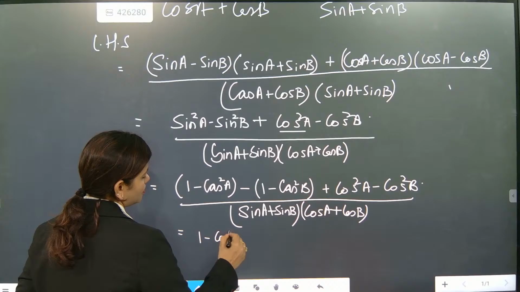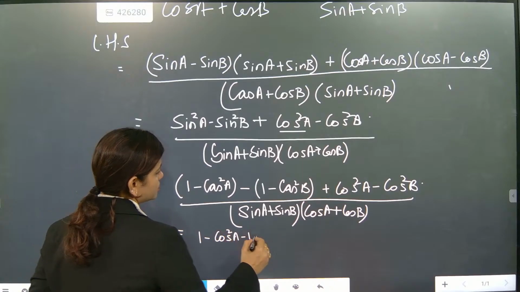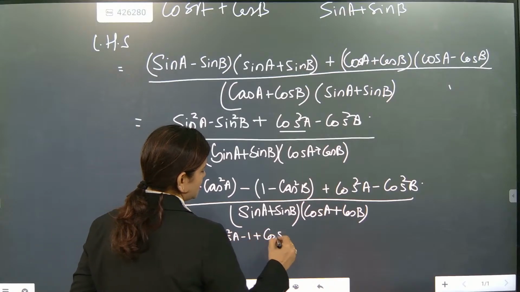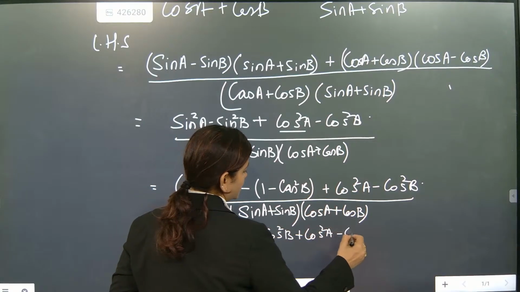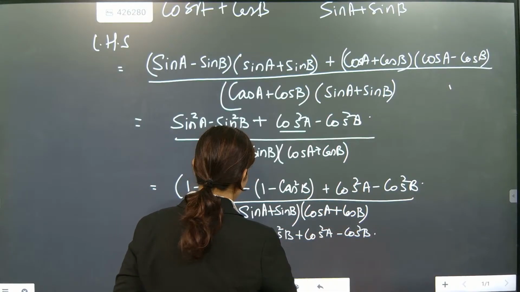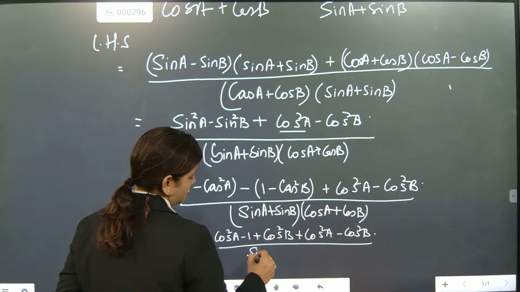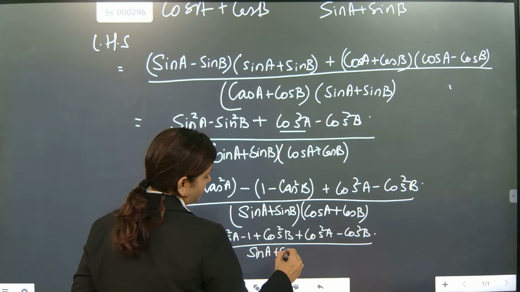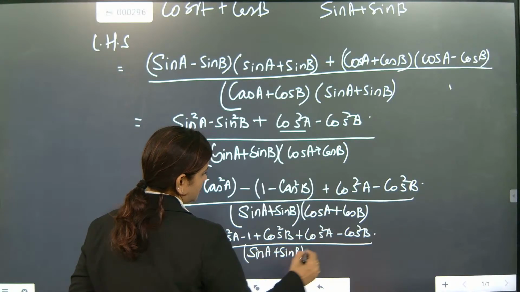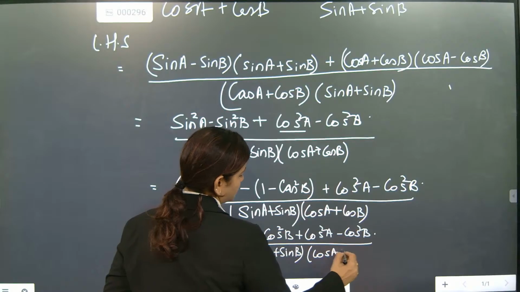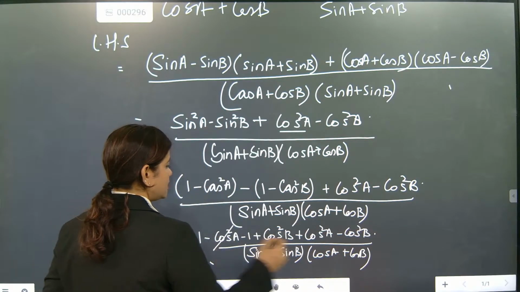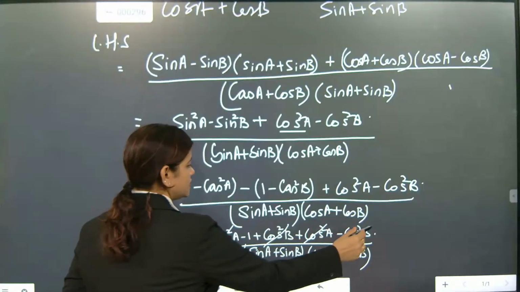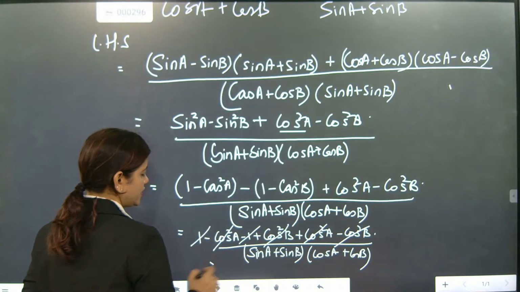One minus cos square A minus 1 plus cos square B plus cos square A minus cos square B by sin A plus sin B by cos A plus cos B. So this and this will get cancelled, this and this will get cancelled, this and this will get cancelled.